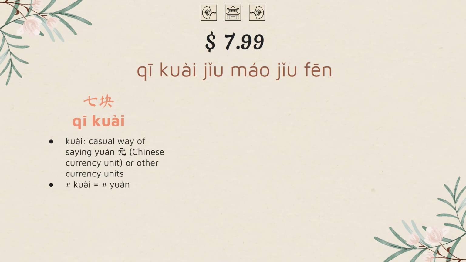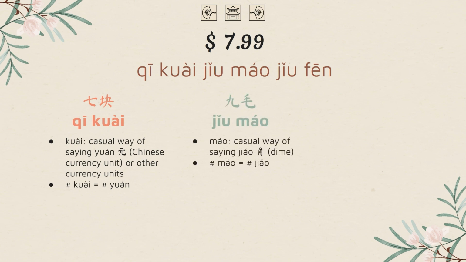So how would you say 10 块? Yup, it would just be 10块. For 99 cents, instead of saying it like that, we say each digit separately. So you have to say 9 dimes, 9 cents. So for 9 dimes, it's 9毛. 9毛.